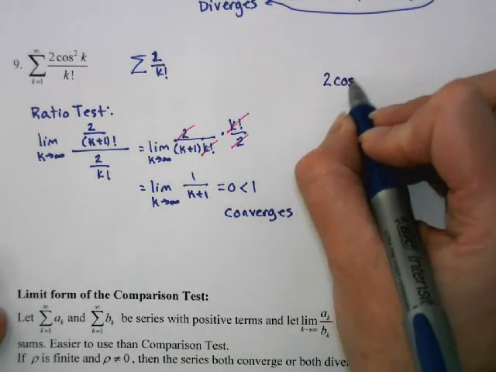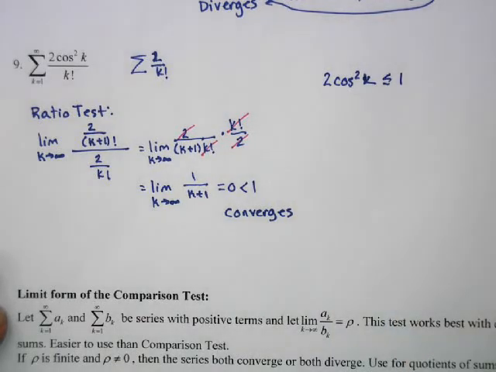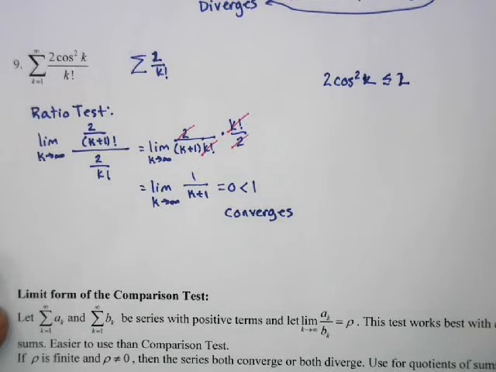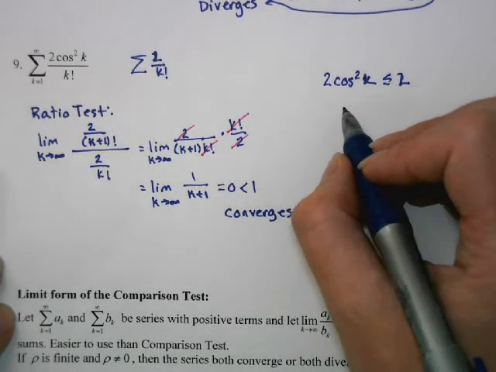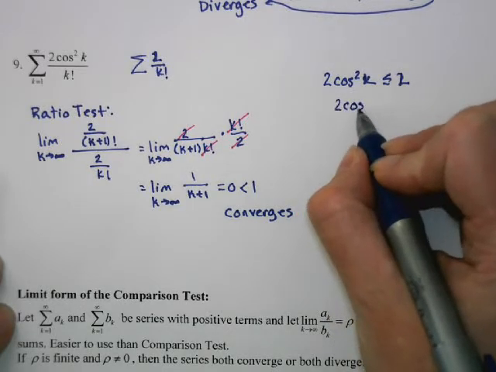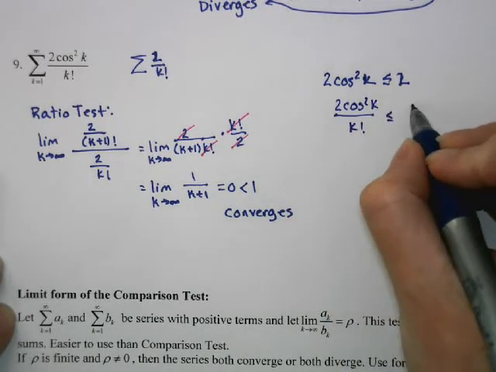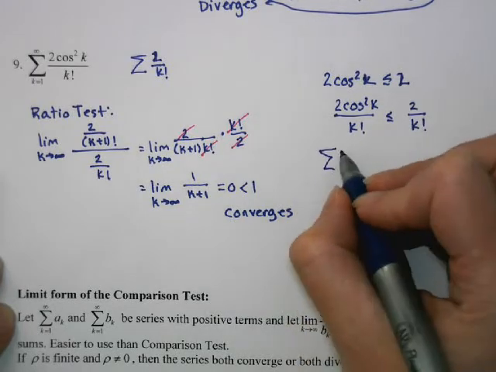Build the comparison. 2 cosine squared is going to be less than 2 because cosine squared is between 0 and 1. So then 2 cosine squared k over k factorial will be less than 2 over k factorial.